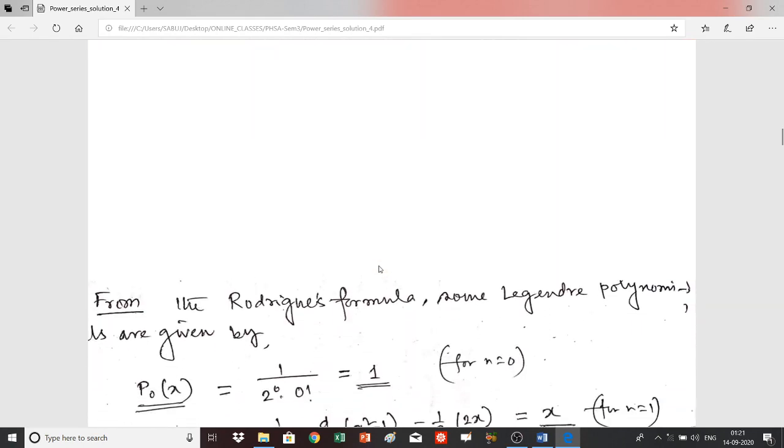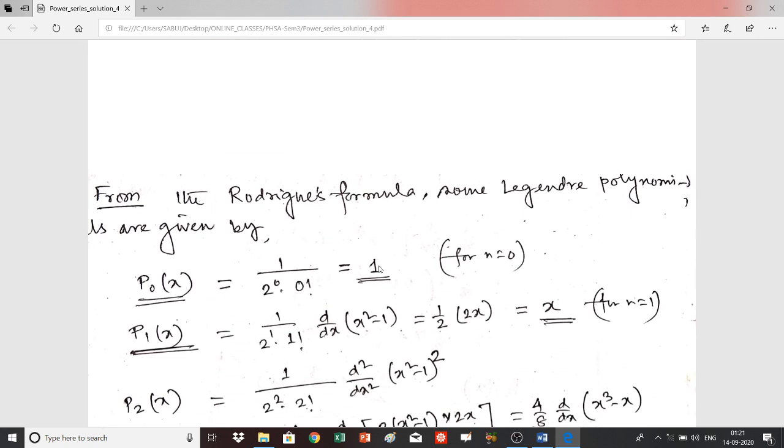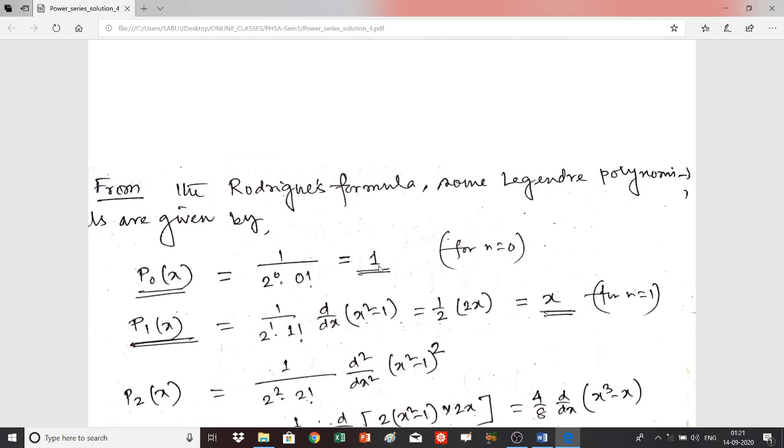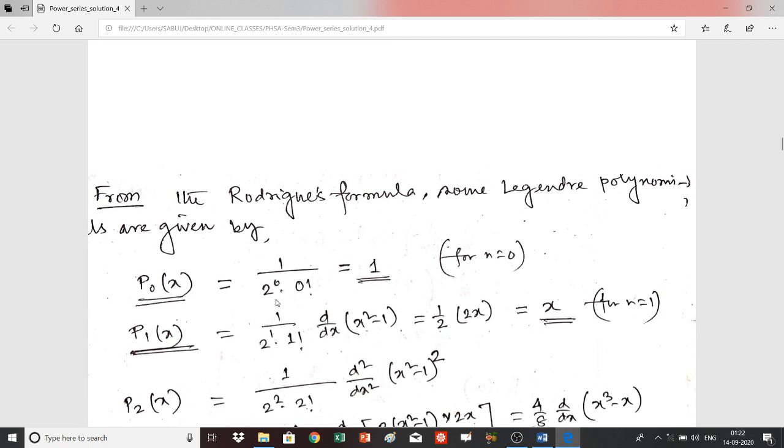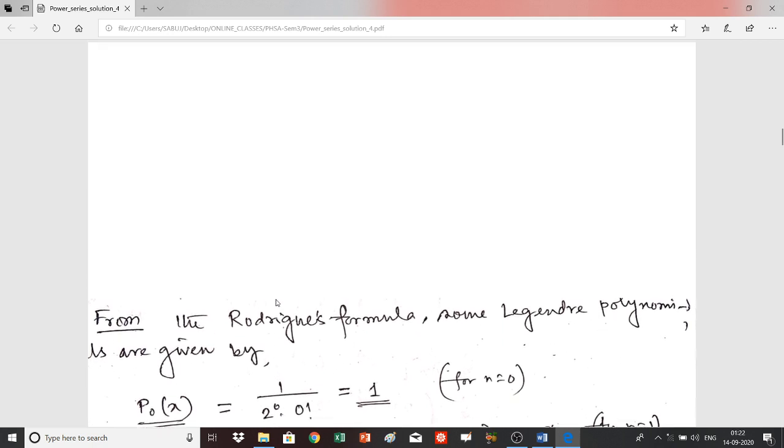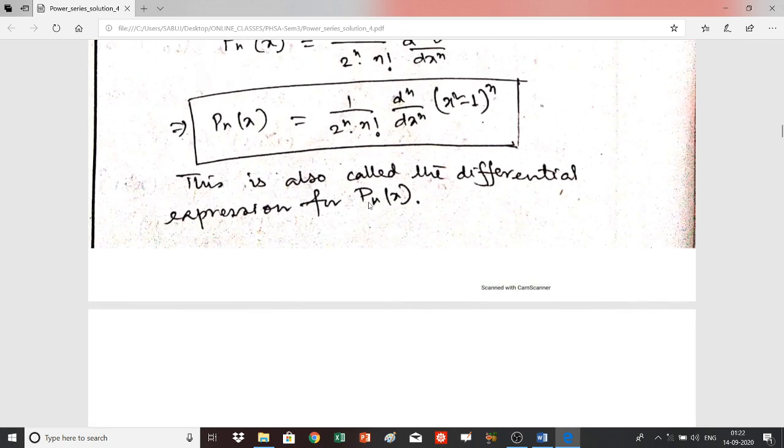Now here we wish to find some Legendre polynomials in accordance with Rodrigues' formula, and for the first case we wish to find P_0(x), the Legendre polynomial of 0th order. You know that Rodrigues' formula was 1 by 2 to the power n into n factorial, and then d^n by dx^n of (x squared minus 1) to the power n.